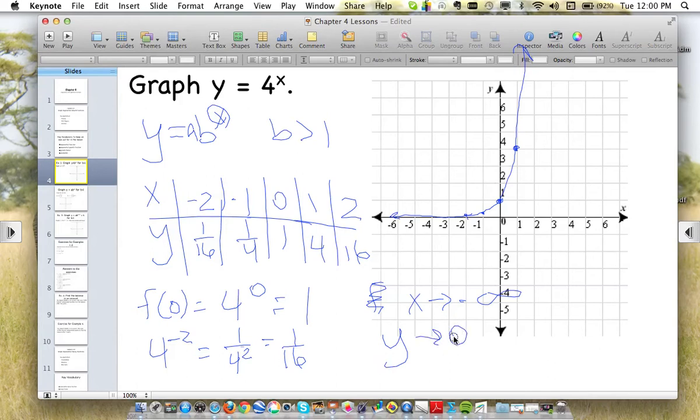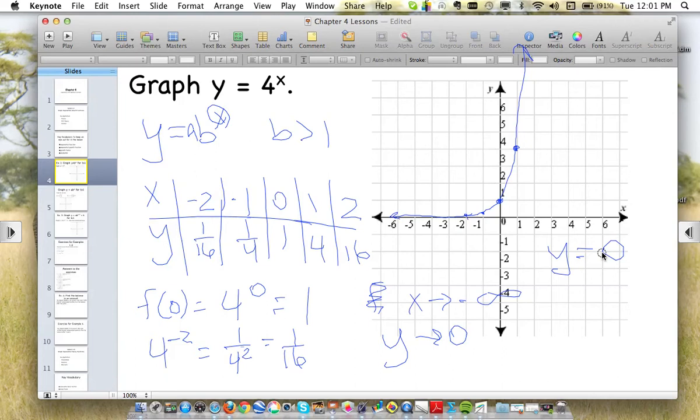It approaches 0, becoming smaller and smaller as a tiny decimal because of that negative exponent, but it doesn't ever reach 0, nor does it go below 0. So we call this an asymptote. An asymptote is a line that is basically a barrier on the graph. The y equals 0 would be our asymptote. Our graph is never going to cross over that.